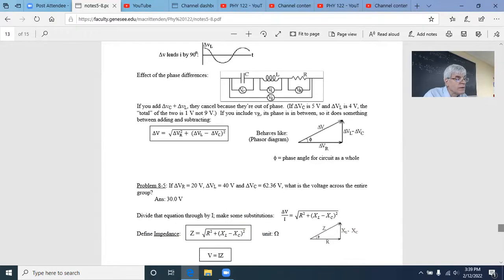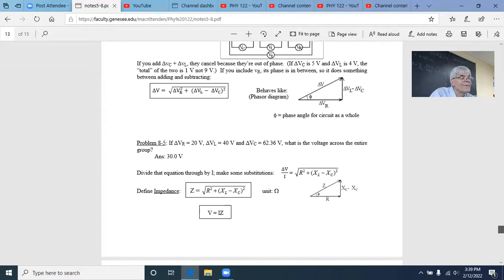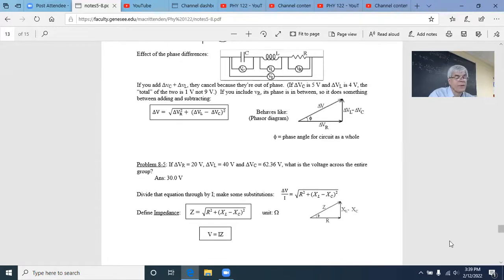So we have a problem for you to do. And it basically refers back to that diagram, here, tell you what, I'll put it right at the top of the screen so you'd know which one I was talking about. So the problem number 5 that's in the middle of your screen tells you what the 3 individual voltages are: the capacitor, the inductor, and the resistor.